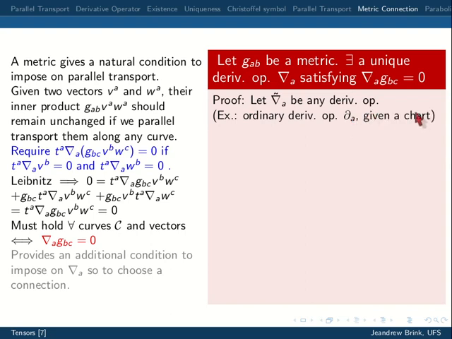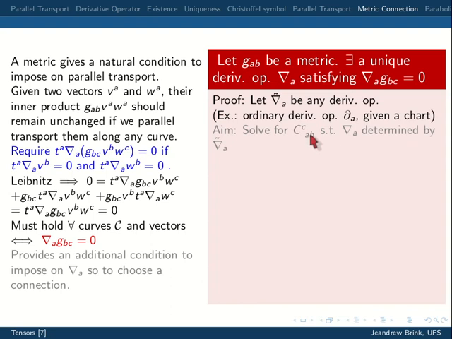Remember we said that this derivative operator isn't a tensor; it changes depending on your coordinates. And the aim now, if you're given this operator, is to solve for these C^c_ab. The moment we solve for these, we've fully specified the new derivative operator that obeys this property.